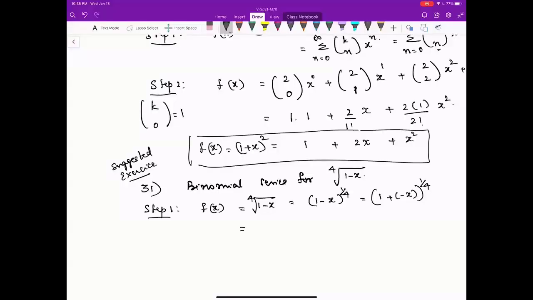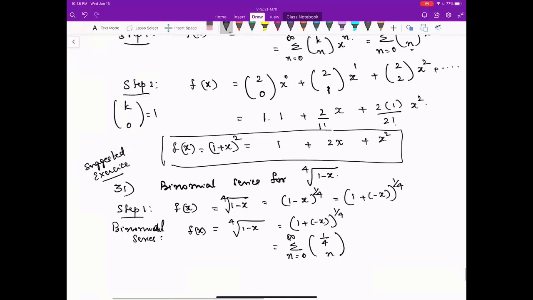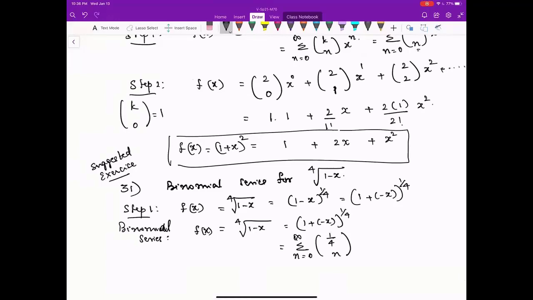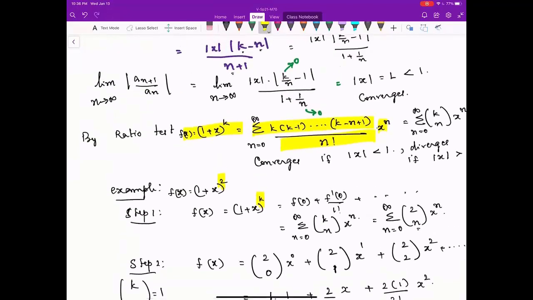When you write this as a binomial series representation, f of x equal to the fourth root of 1 minus x is also equal to 1 plus negative x to the power 1/4, which can be written as sigma, n varying from 0 through infinity, n chosen out of 1/4, this is the symbol we use, times, in the binomial series representation we have x.